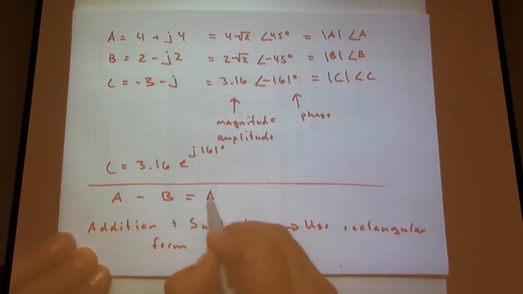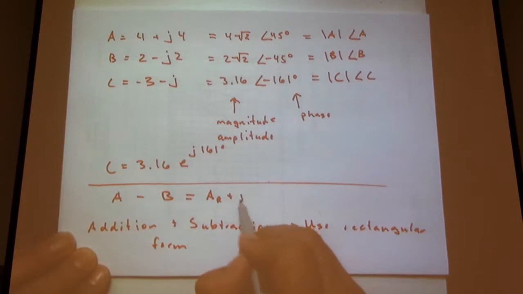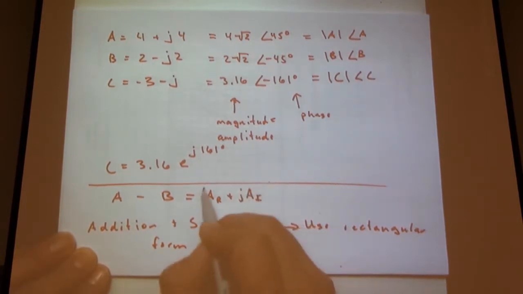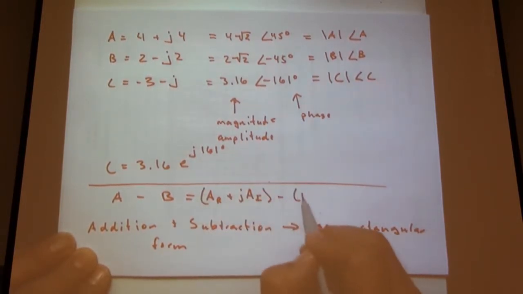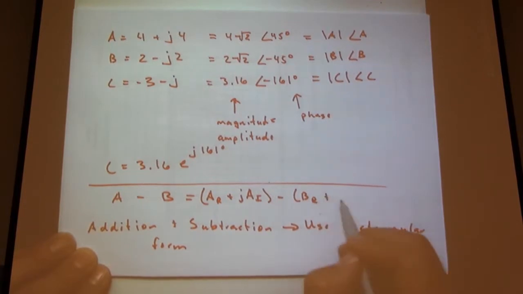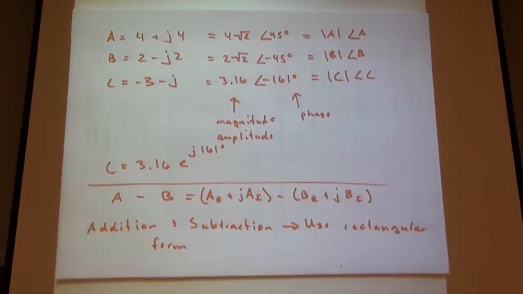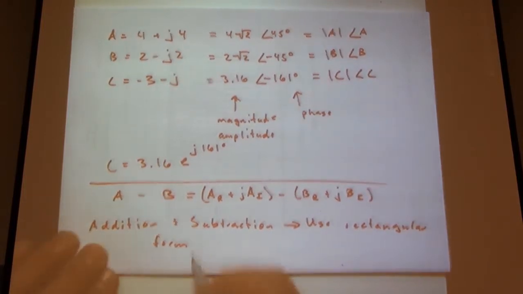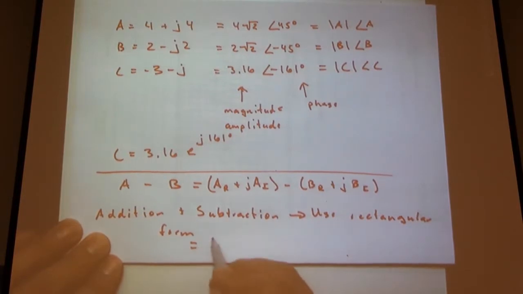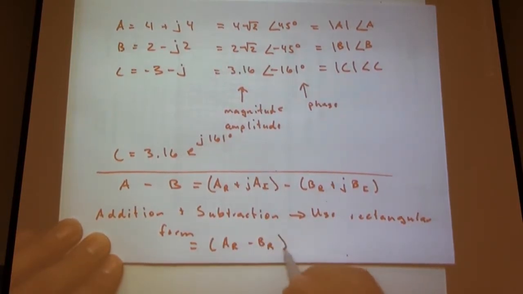And we can write this as A real plus J A imaginary minus B real plus J B imaginary. And you collect common terms, so you would collect the real components and the imaginary components. If I skip down here, this winds up just being A real minus B real plus J times A imaginary minus B imaginary.